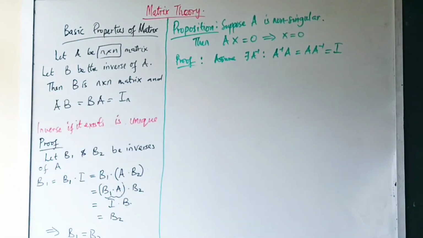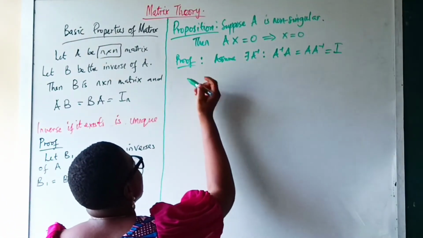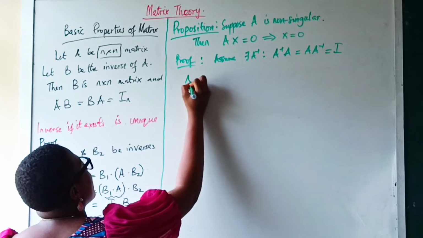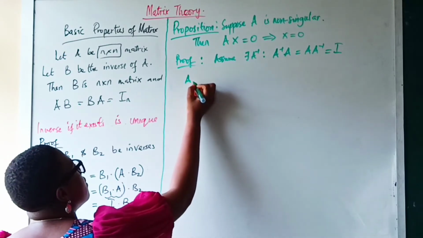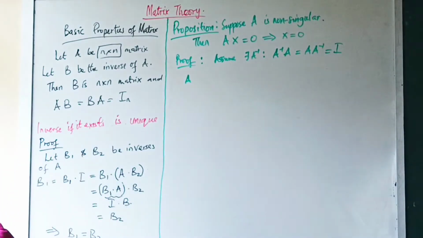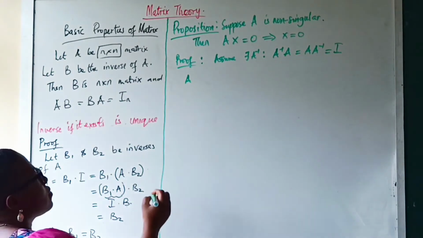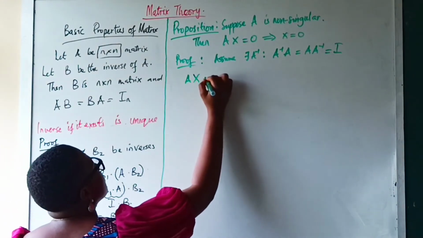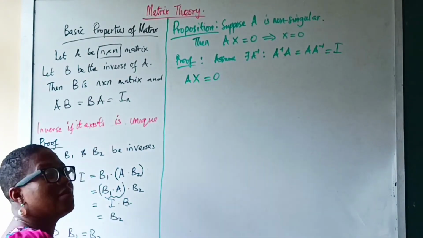The next one says that, so this is what we are trying to prove. So let's start from here now. We have AX is equal to 0. What does it mean?